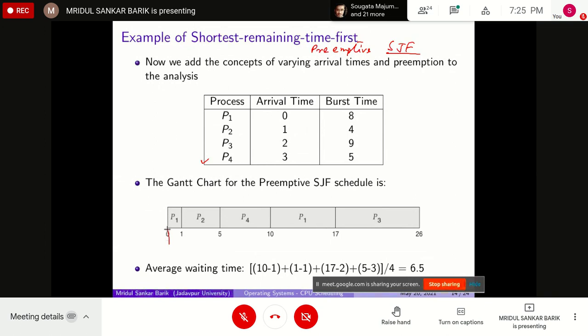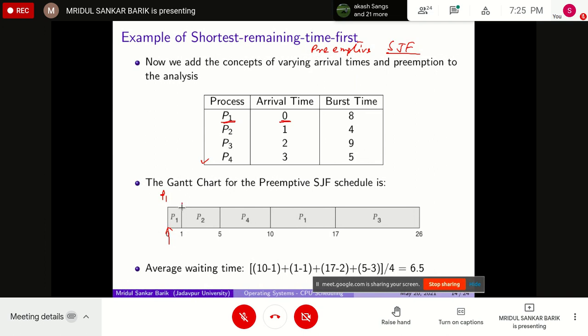At time zero, which process is there? Only process P1 is there at time zero because it has arrived at time zero. So P1 is scheduled. At time 1, another process arrives, P2.